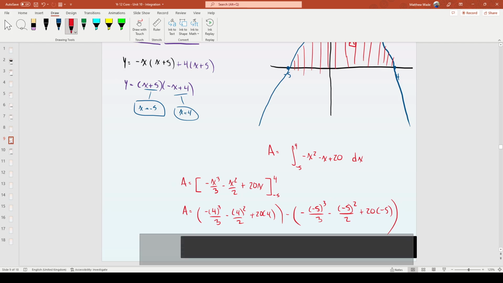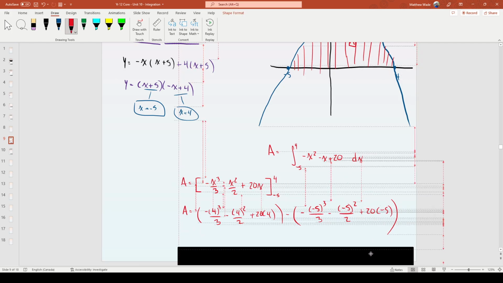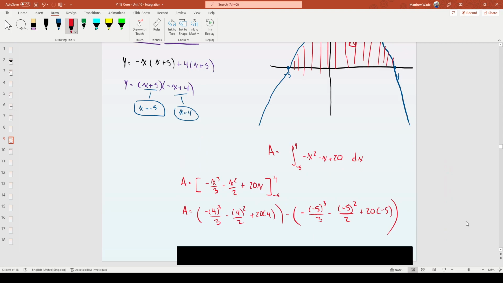I'm so inclined just to look at the answers in the book and write that down, but you should type it in your calculator. I'll type it in too, and hopefully we'll get the same answer. Are you ready? Okay, negative, fraction button, 4 cubed divided by 3, minus 4 squared over 2, plus 20 times 4, close bracket, close main bracket, take open bracket.